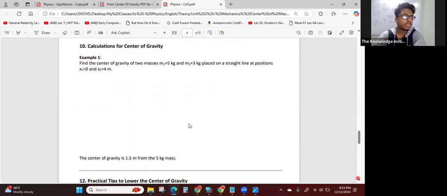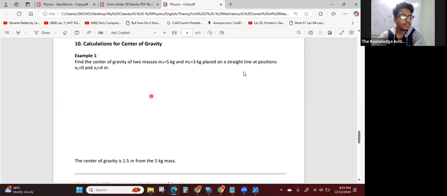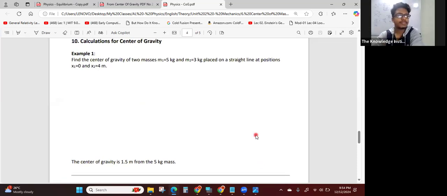Right, let's do this question. Find the center of gravity of these two masses.